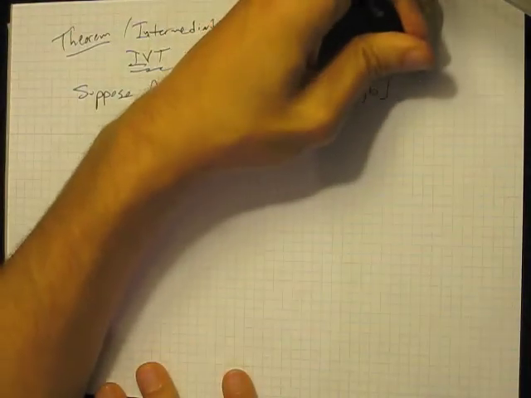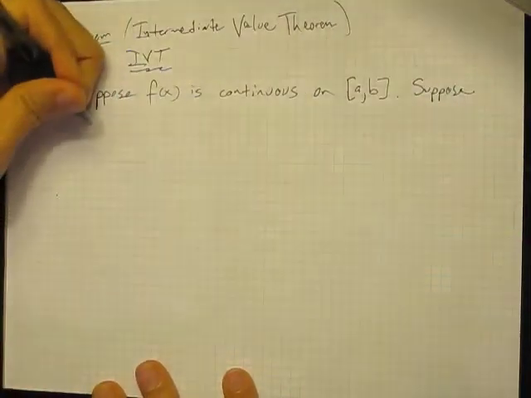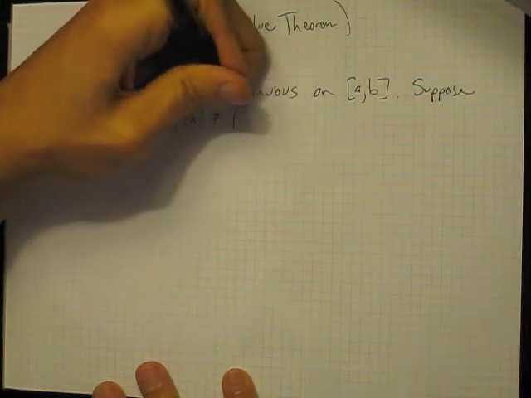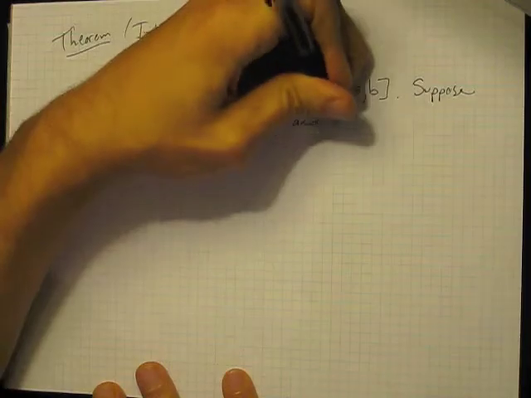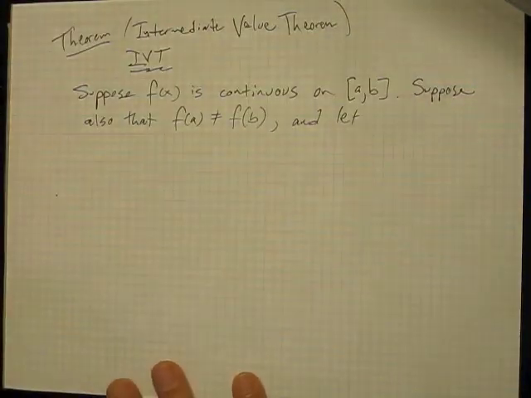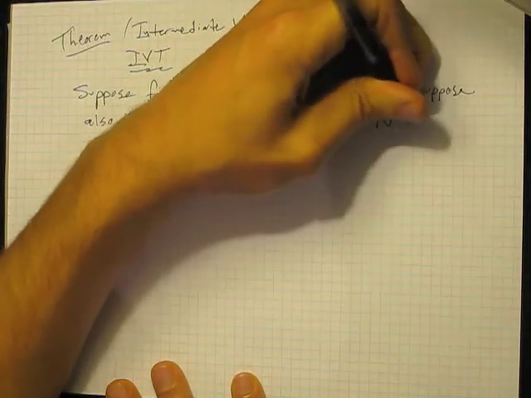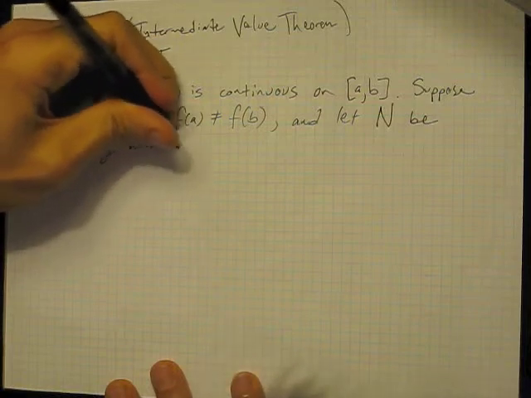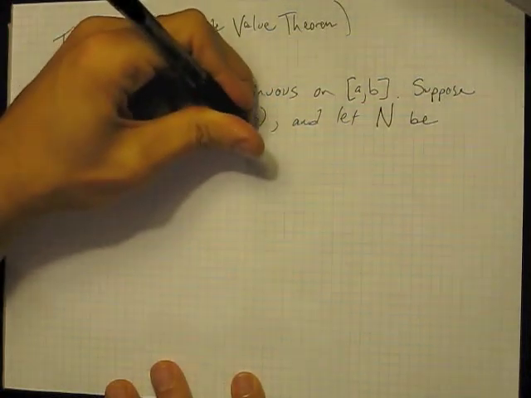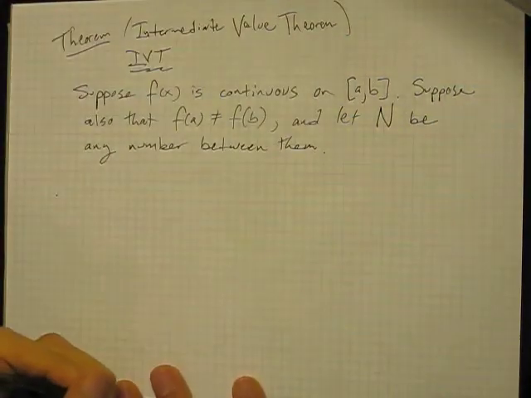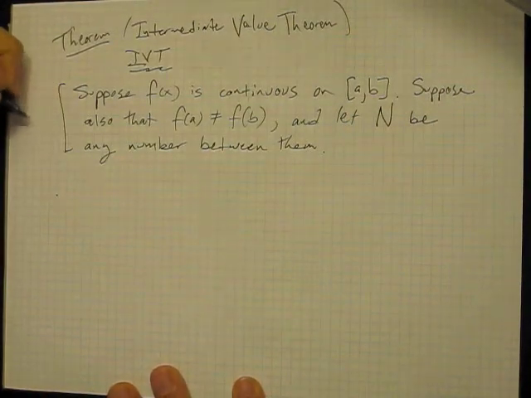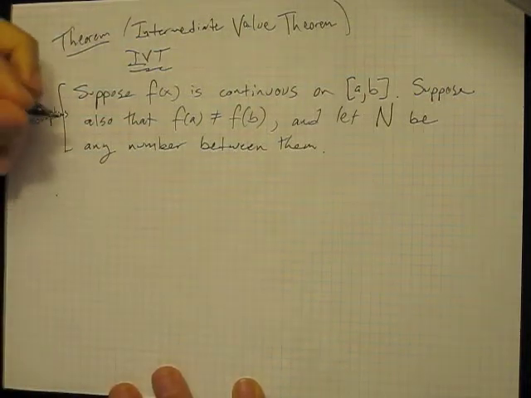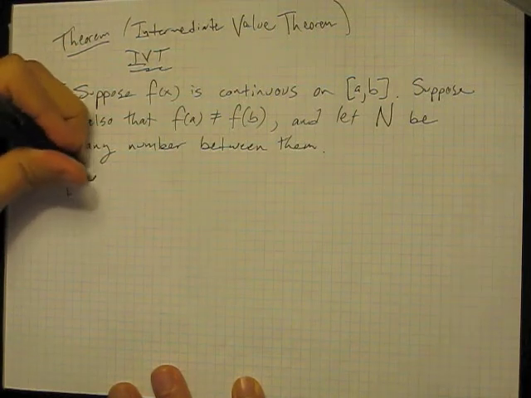Now suppose also that f of a and f of b are not equal to each other, and let n be any number between them. Okay. This is what we're assuming. These are our assumptions.